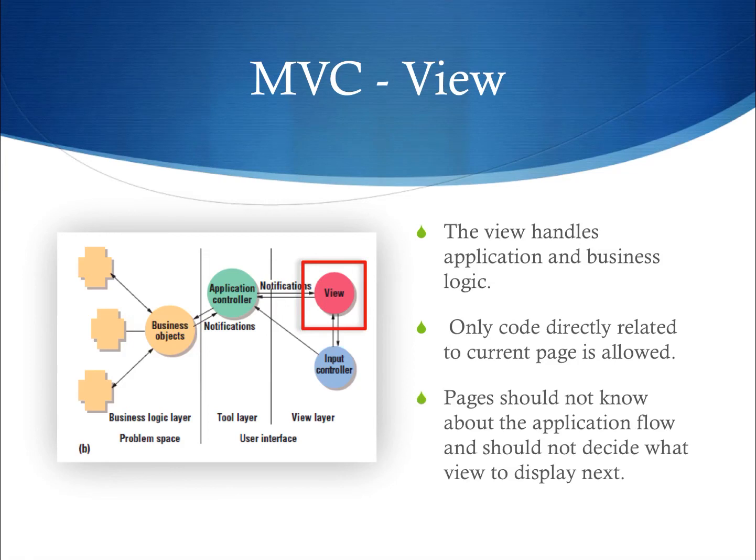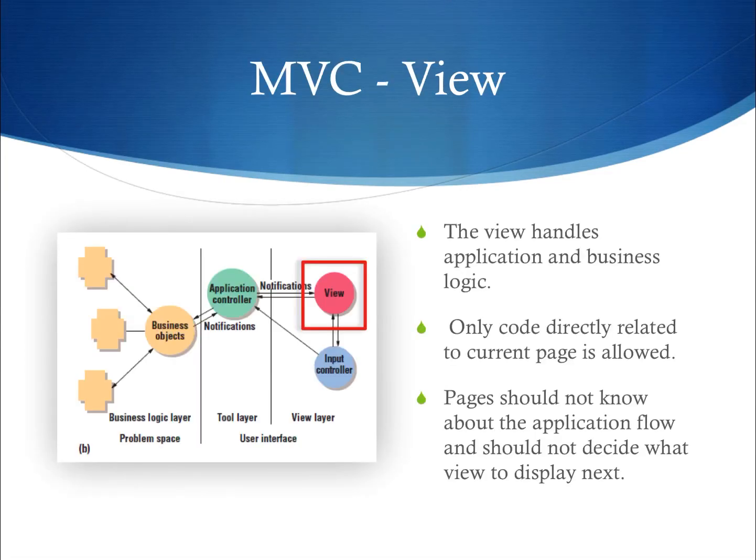All right. And also, the page should not know about the application flow and should not decide what view to display next. All right? It's the application controller's responsibility to decide what view to display next.